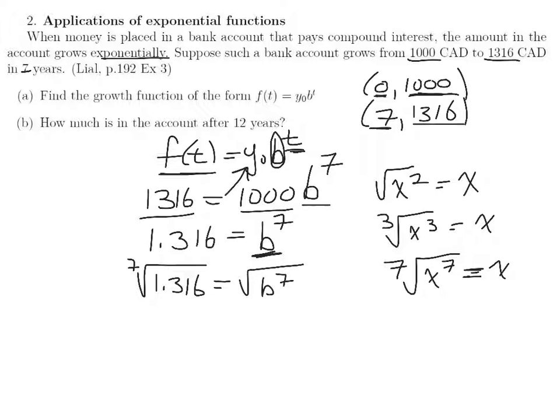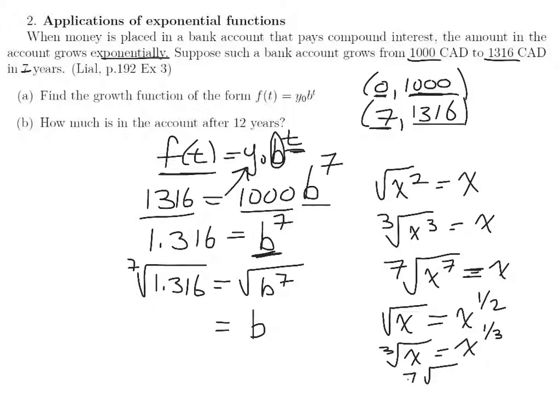Okay, so on this side we have just b, and on the other side we have the 7th root of 1.316. Now again, if we remember this exponent rule, the square root of x can also be written as x to the 1/2. The cube root of x can be written as x to the 1/3. These are equivalent. And so the 7th root of x could be written as x to the 1/7.